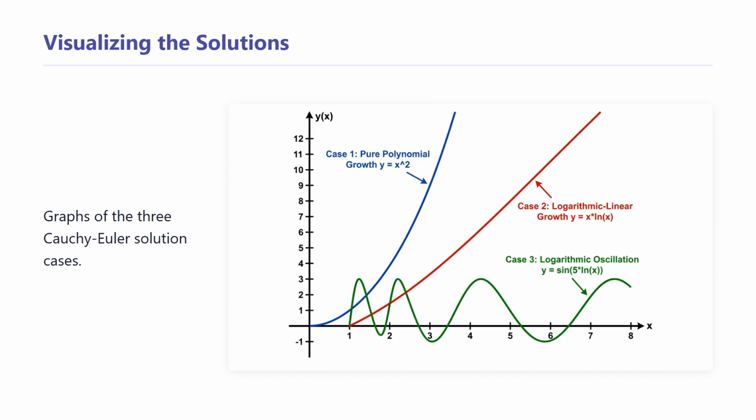The green curve is the most fascinating, case 3. Notice how it oscillates like a sine wave, but the distance between the peaks gets wider and wider as x increases. This stretching happens because the oscillation is with respect to the logarithm of x, not x itself.